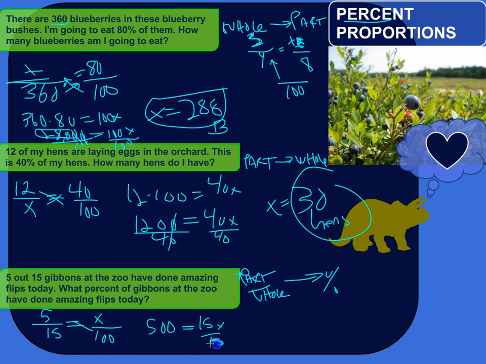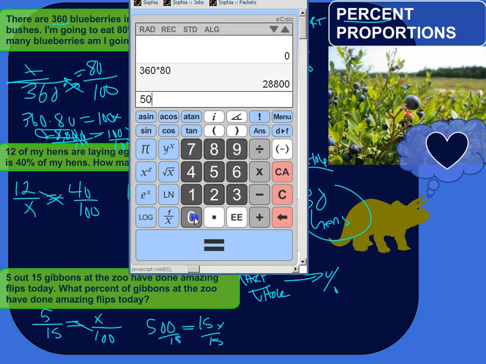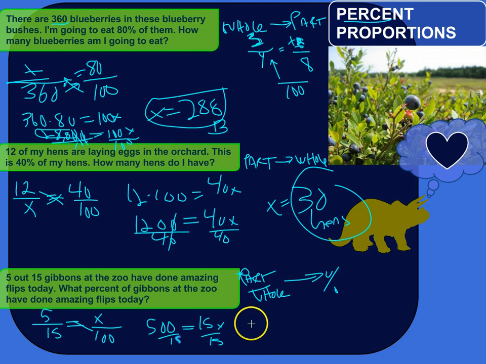I just divide both sides by 15 to get x by itself. 500 divided by 15 is equal to 33.3333 repeating. So roughly 33%.